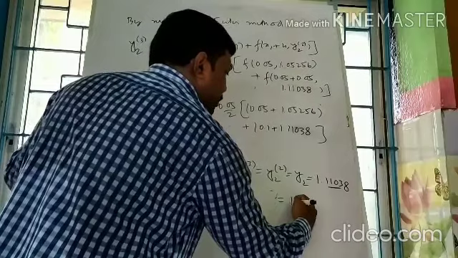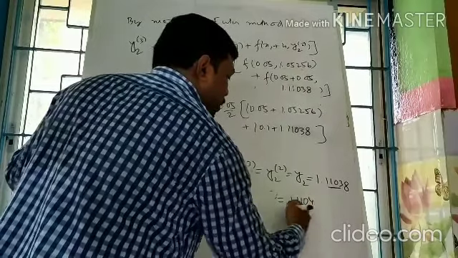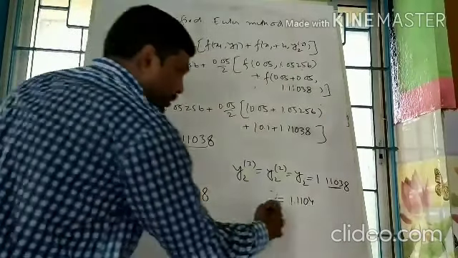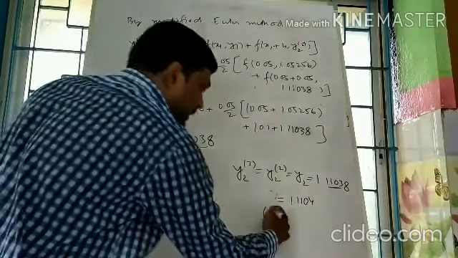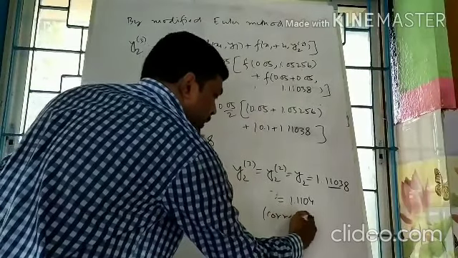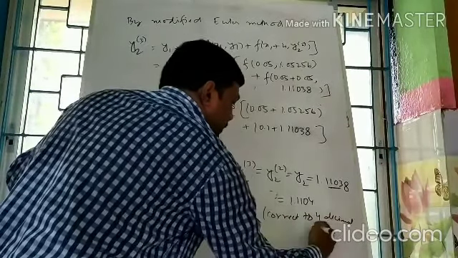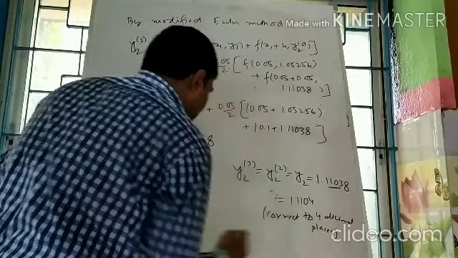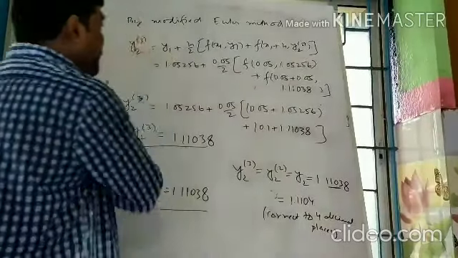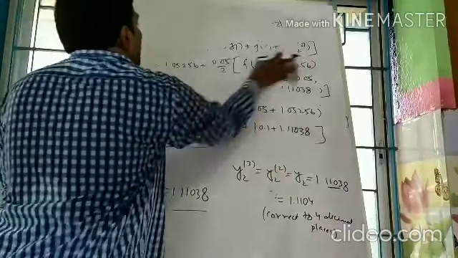So this, correct up to 4 decimal places, is 1.1104. Just write 1.1104, correct to 4 decimal places. This is the value of y2, that is our ultimate target. Okay.